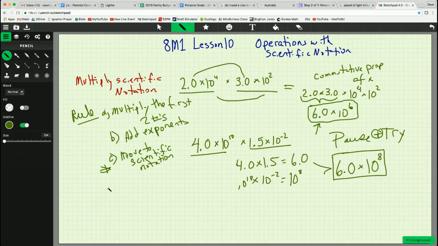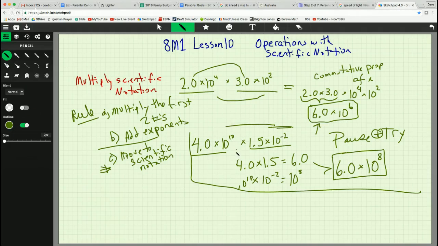So that was problem B. Now problem C looks like this: 5.0 times 10 to the 4th times 7.0 times 10 to the, we'll do this one to the 4th also.